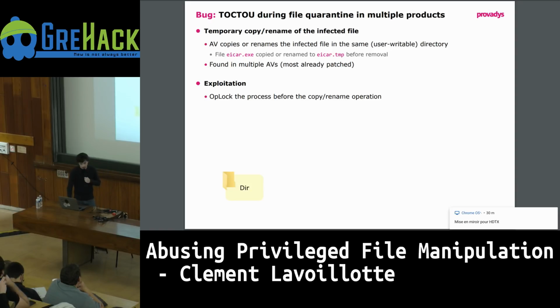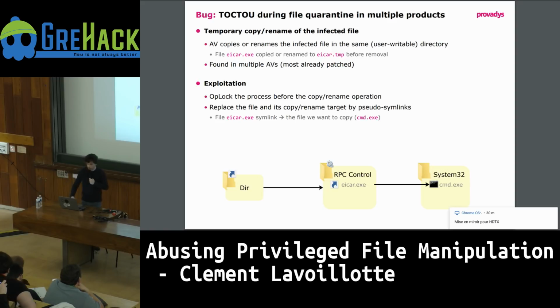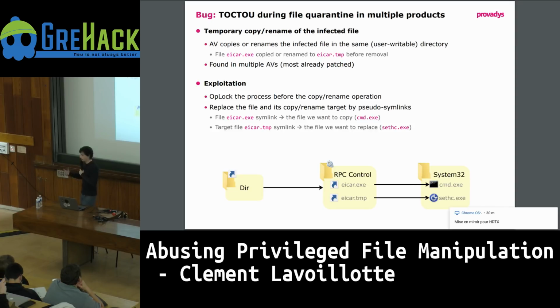Create an oplock to lock the process before that copy or rename operation. Again, change the directory to a junction to RPC control, and create two symlinks, one with acar.exe that points to the file we want to copy, and the other that points to the file we want to replace.